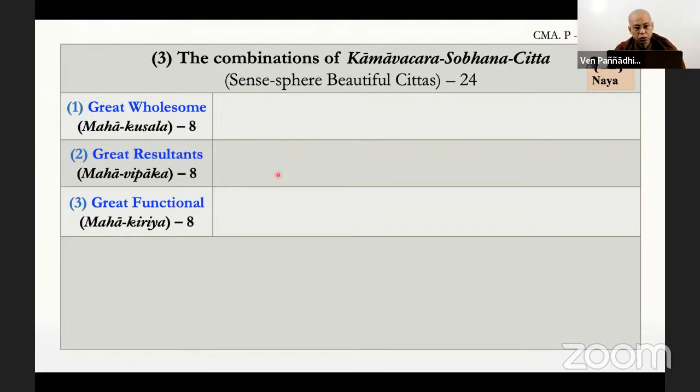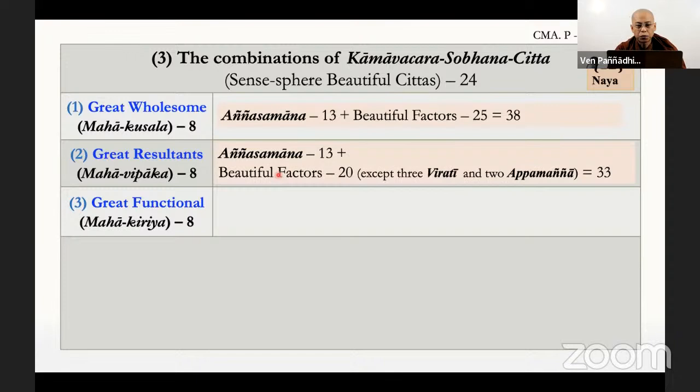For the first group, the Mahakusala, the great wholesome, this is the largest number: Annasamana 13 and beautiful 25, making 38. For the result, it becomes different. Exceptions: all 5 of the Virati, 3 and Appamanna 2, become exceptions. So with beautiful only 20, 33 is at most in the great result.